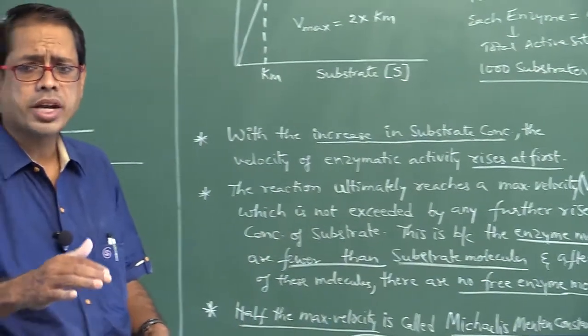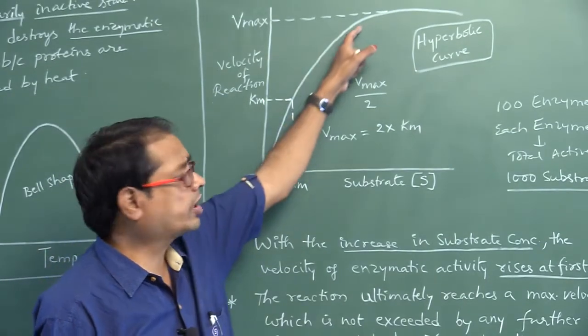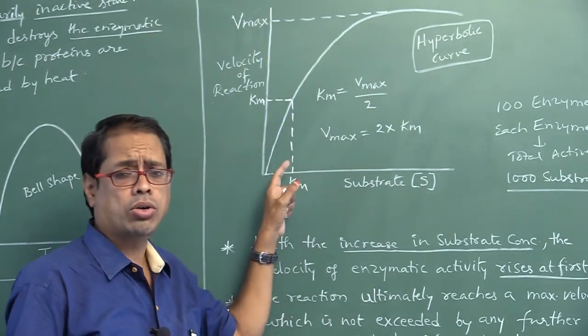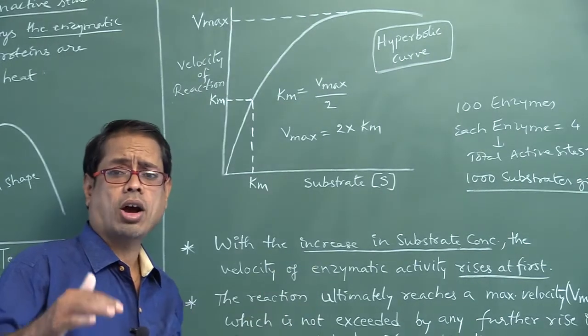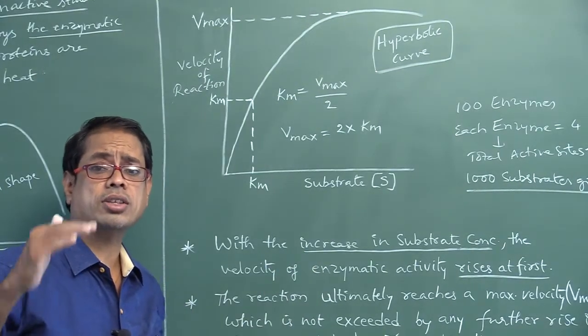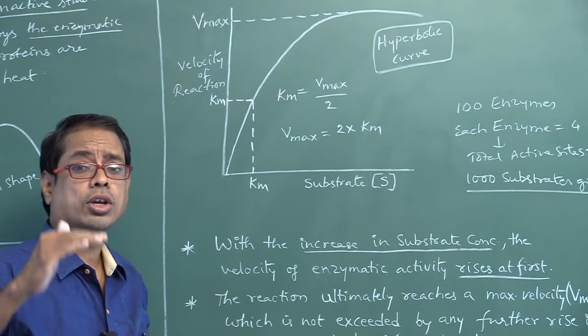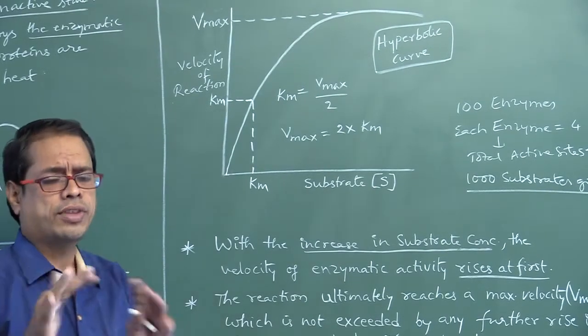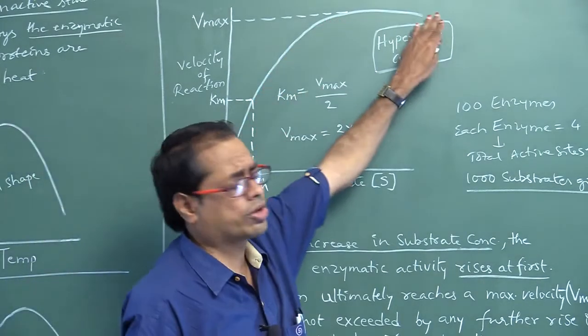As the substrate concentration increases, the velocity of the reaction also increases at first, until all the active sites of enzymes are saturated and utilized. If there are no free enzyme molecules, later on it becomes constant.